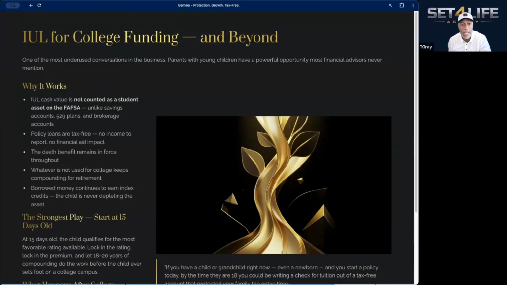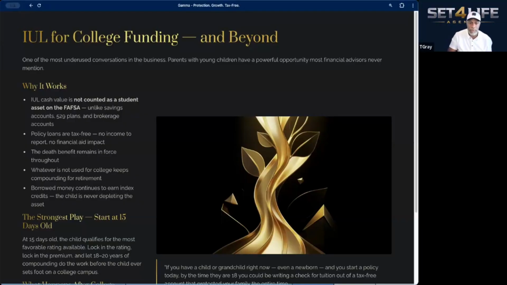So number one, the cash value of the IUL doesn't count as a student asset on FAFSA, right? So if they have a savings account, a 529 plan, a brokerage plan, it all counts against them on FAFSA, but not an IUL, okay? Policy loans are going to be tax-free, so there's no income to report and there's no financial aid impact, okay?